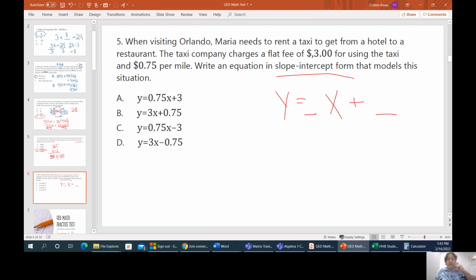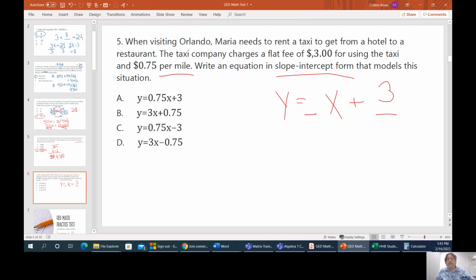Okay, so what the numbers are, anytime you have a flat fee, a starting fee, something like that, that is what is known as the y-intercept or the regular number. So the regular number goes here. So $3, you could probably just write 3. Okay. The part with the x, this is when something happens, like per this, per that, per mile, perhaps.